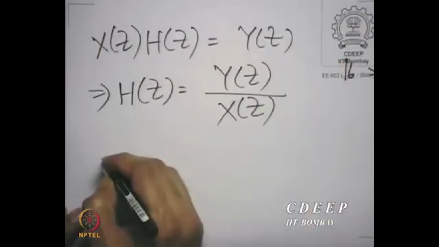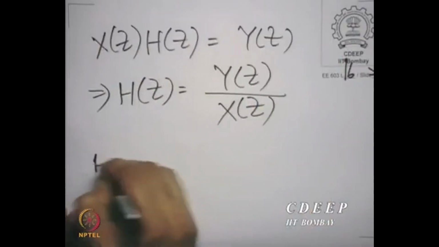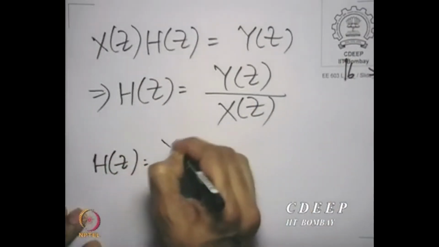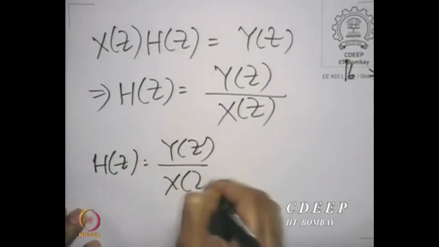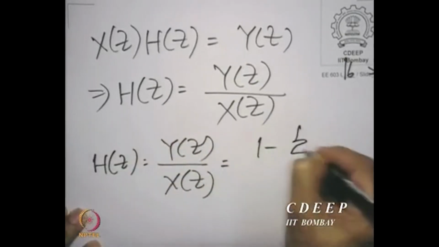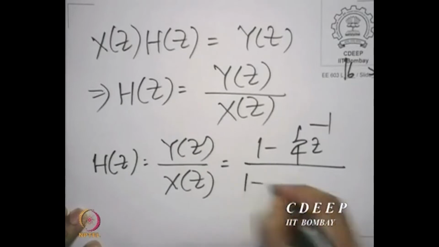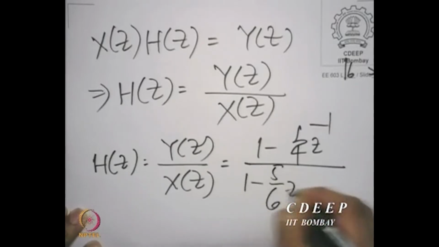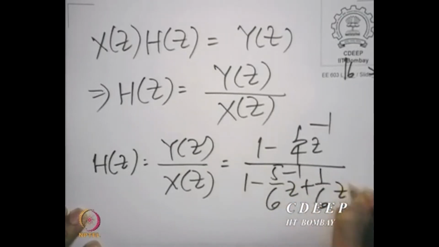All right. So, in effect what we are saying is that H(z), which is Y(z) by X(z) in this case, is (1 minus 1/4 z^-1) by (1 minus 5/6 z^-1 plus 1/6 z^-2), and we can of course cross multiply.